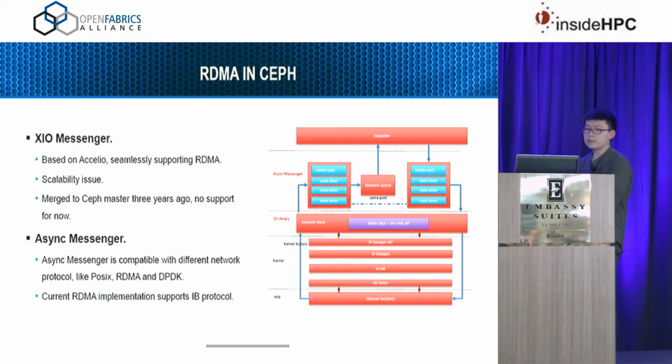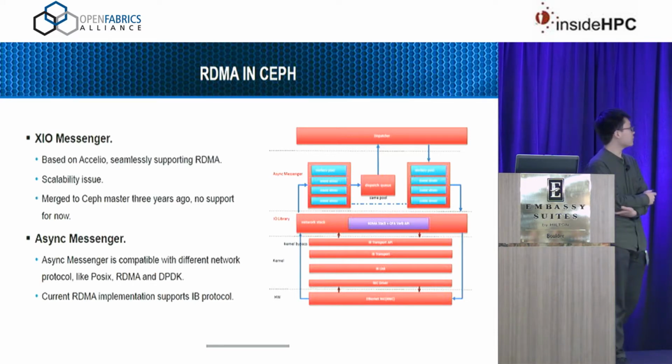But from the benchmark results from the Ceph community, XIO Messenger has some scalability issues. The project was merged into Ceph master 3 years ago, but is no longer supported now.